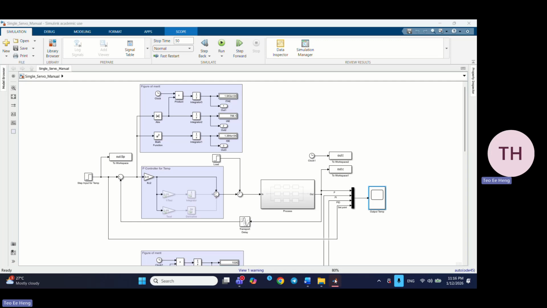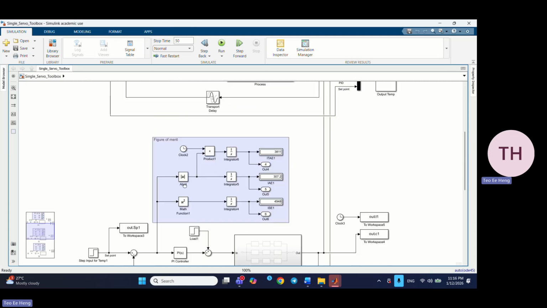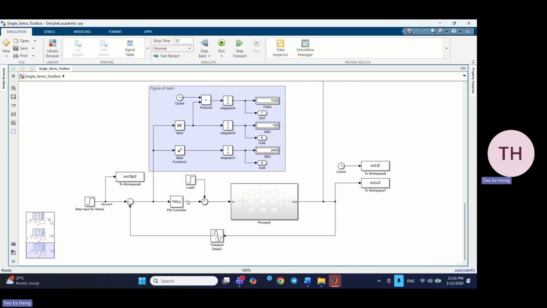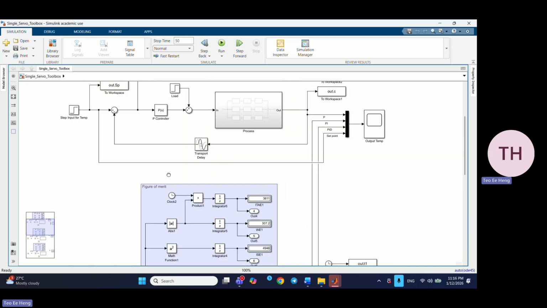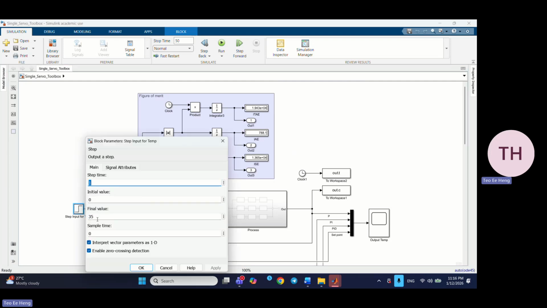For the servo controller using the toolbox, we replace the manual ones with the toolbox blocks, which are the P controller, PI controller and PID controller. Then the same parameters are applied to these three controllers, and the same input is set in the set point, where the final value is equal to 35 and the initial value is equal to 0.